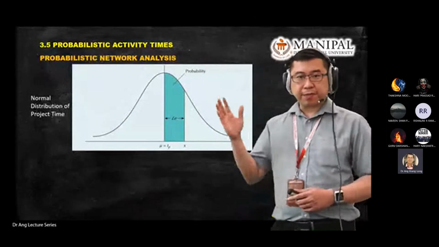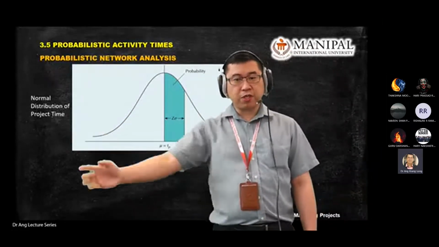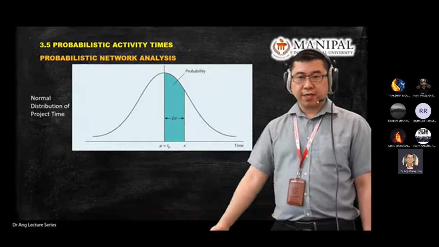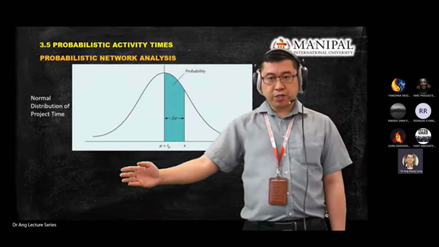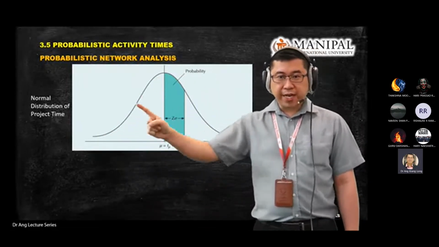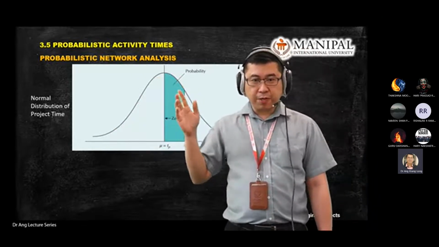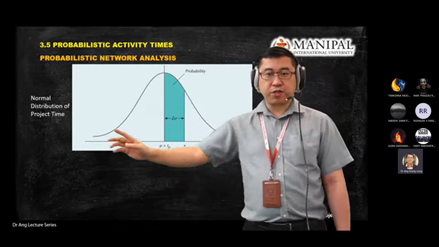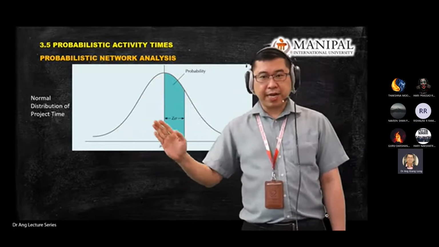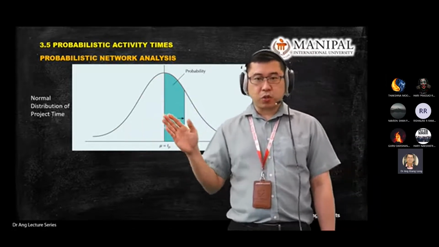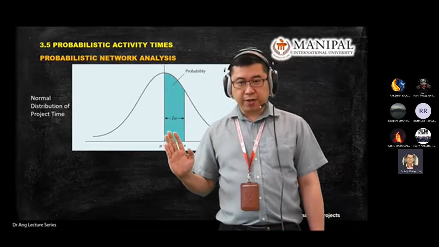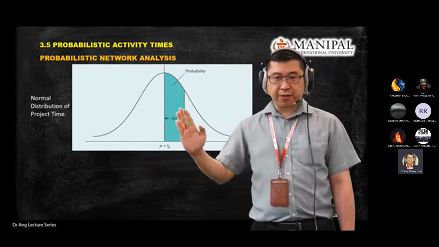Okay. Next, we talk about the normal distribution that I showed you just now. Normal distribution means if you take the area under the graph, you have a symmetrical probability either on the left or on the right. So half of the graph will be 0.5, half of the graph will be 0.5.